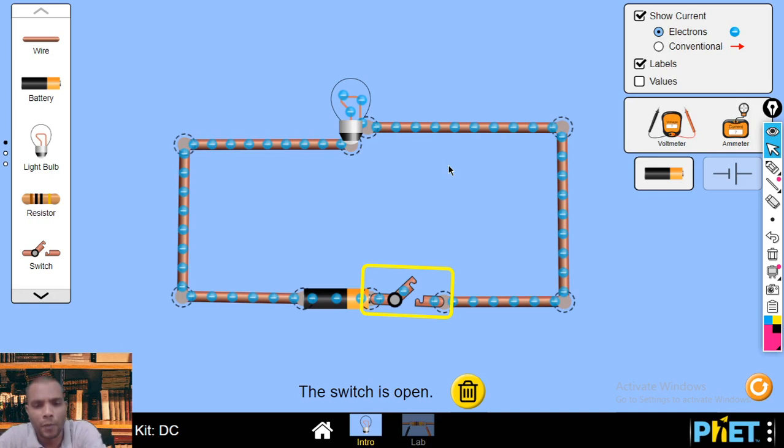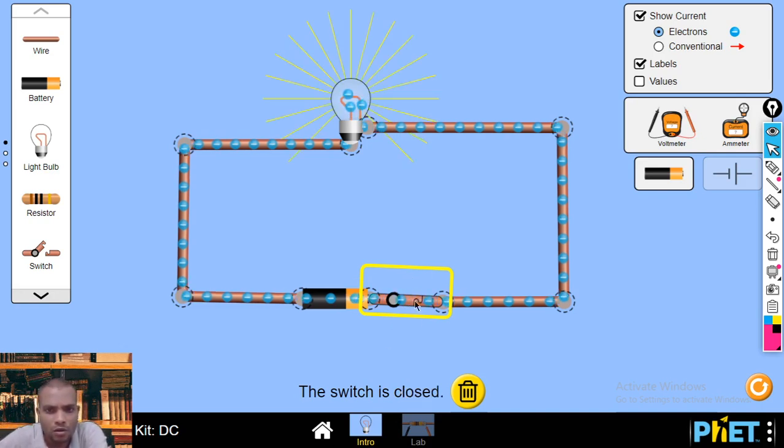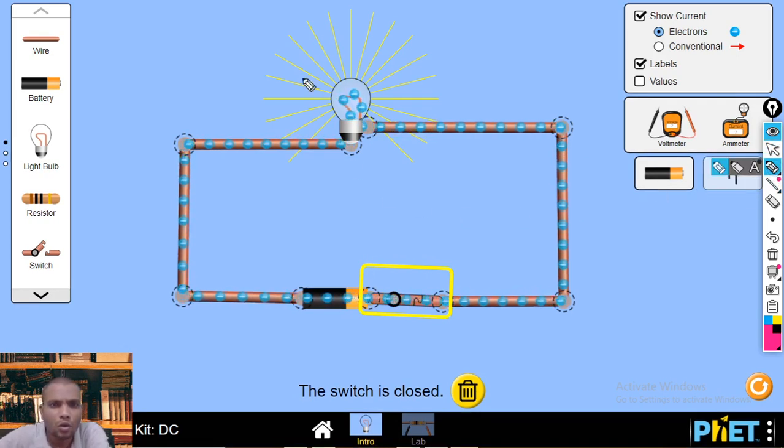The switch is open. When the switch is on, it means the switch is closed. So the source, the battery, will push the electrons from the negative terminal to the positive terminal. That causes the bulb to glow. That's the reason we are getting light from the electric bulb.